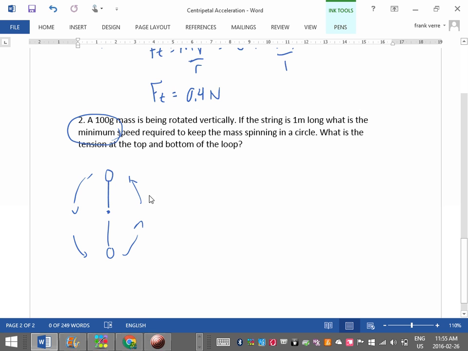That anything less would cause what? Would cause this to fall, right? The circle would collapse. So if it's minimum speed, it actually implies something.